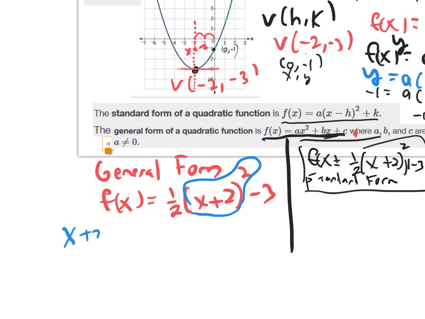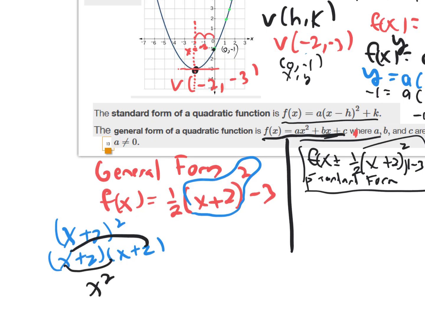X plus 2 all squared means x plus 2 times x plus 2, and use your FOIL. We've done a lot of foiling already, so I'm not going to baby you. I'm going to do my x times x is x squared, x times 2 is 2x, and then this is a 2 times x also.